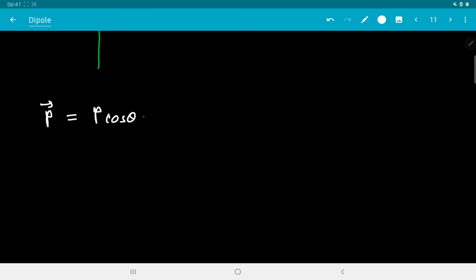Okay, so let us take this p vector which is now in r cap and theta cap direction, with p sin theta into theta cap. From this we can write vector p dot r cap. If we take a dot product of vector p and r cap, what we are going to get is only p cos theta.